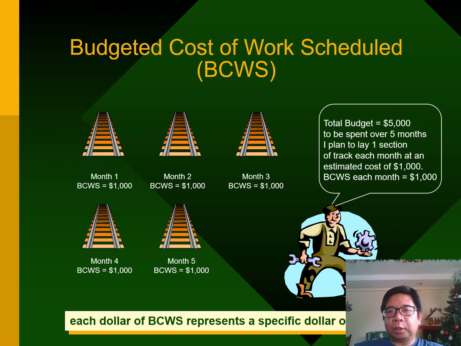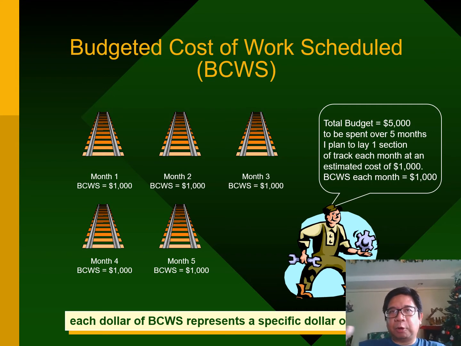When I considered the project of creating the railroad's tracks, I scheduled to do 1 mile per track. So that is the work that I scheduled. 1 mile per track. And if I estimate that the total cost of each mile is 1,000 US dollars, that is the budgeted cost of 1 mile of track.